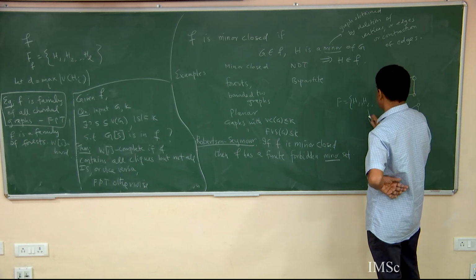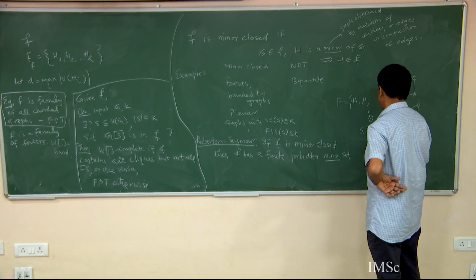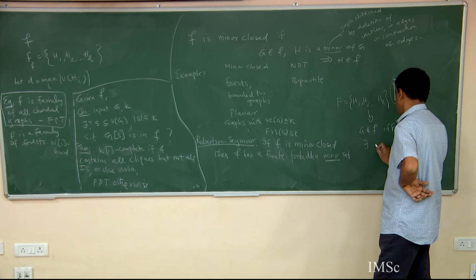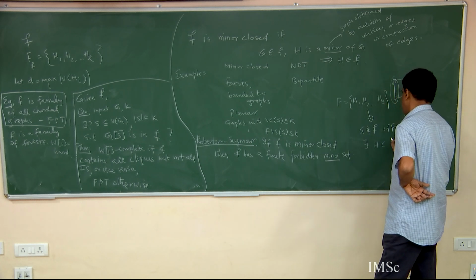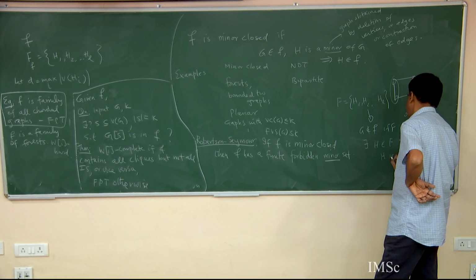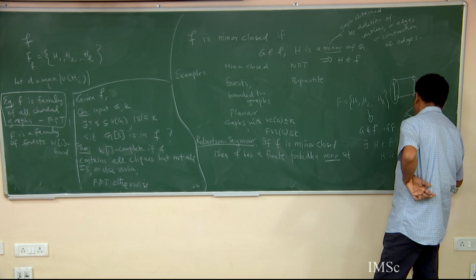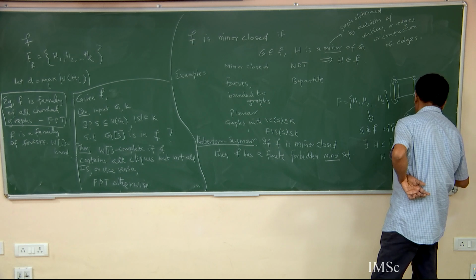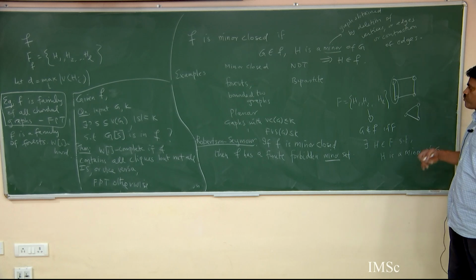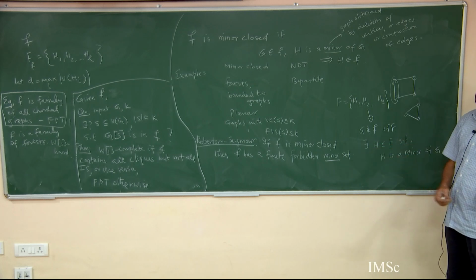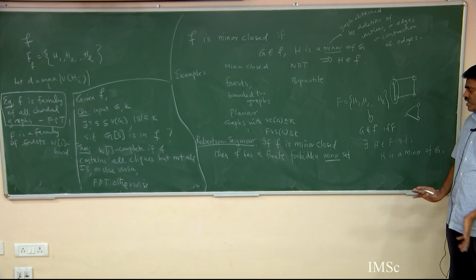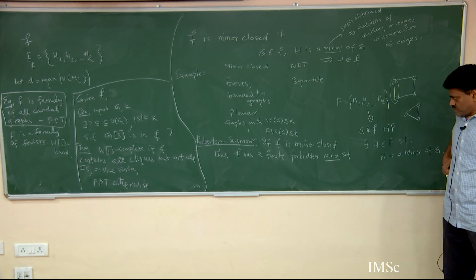Then G is not in F if and only if there exists H in the forbidden set such that H is a minor of G. So they showed that if it's a minor closed family, then there is a finite forbidden minor set.